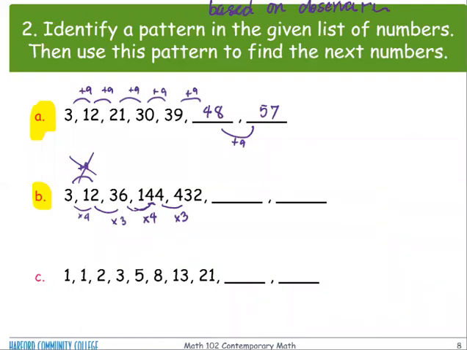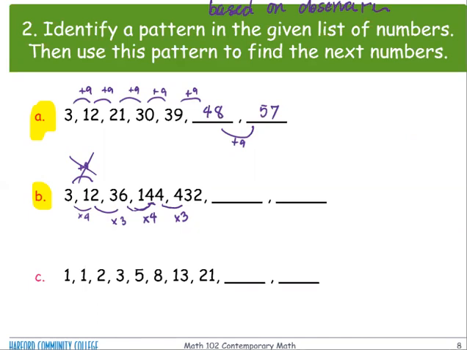For the adding portion, it would not be the case for part B, because we start adding by 9 and then the next number is growing and growing in a different way. But so far, for the first 5 numbers, we see the pattern as multiply by 4, then by 3, by 4, by 3.